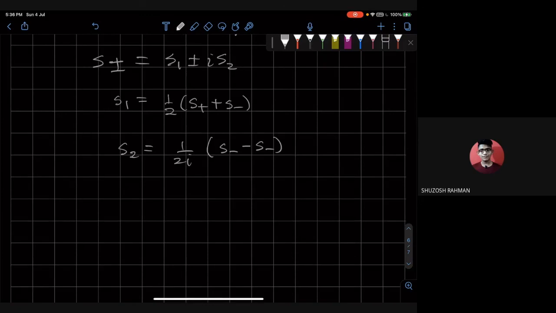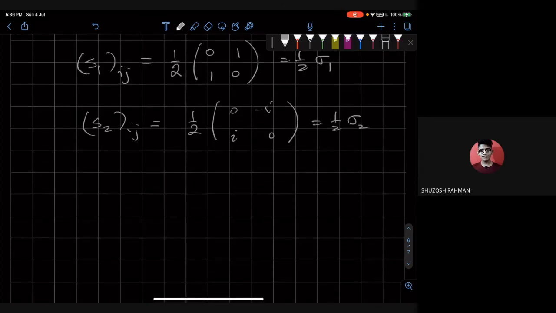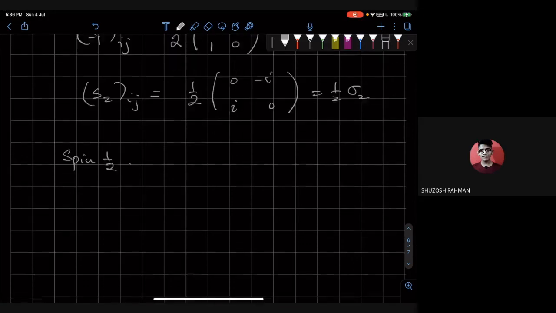So now if I plug in the values of S plus and S minus, I just get half of 0, 1, 1, 0, which is half sigma 1, the first Pauli matrix. Similarly, S2ij is going to give me half of 0, minus i, i, 0, which is half times sigma 2. So we have figured out the spin half representation of the angular momentum algebra.